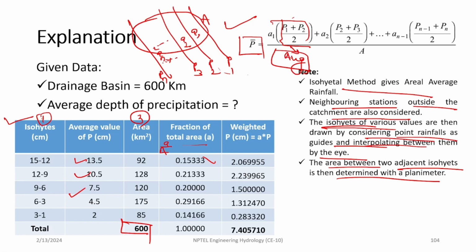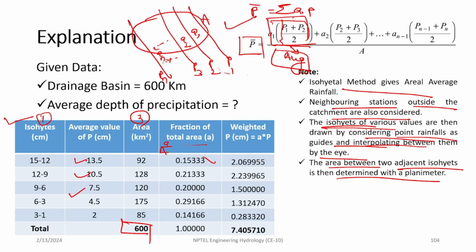Likewise, we compute for the other ISO height values as well. And once you get the values, come back to the formula again. Whatever weighted precipitation we get for each isohyetal interval, at the last we take the summation of everything, summation of A dot P, which directly gives the average precipitation.